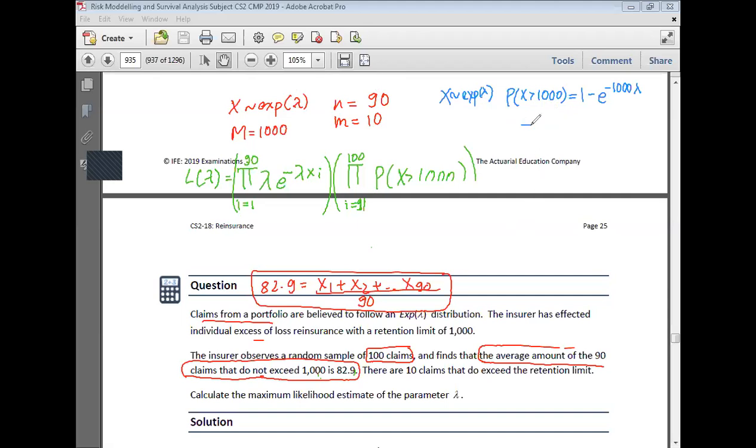So again, Vanshita, tell me. It's e raised to minus 1000 lambda, sorry. Yeah, right. Because f of 1000 is what? It is the probability that my x takes a value less than 1000. So this will be 1 minus this thing, and everything else will cancel out, and according to what we have on the board, we'll be left with this, right? Yes. Does this make sense?